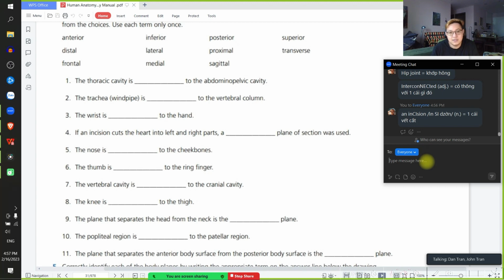Okay, number 5, the nose is something to the cheekbone. So với cái mũi thì là gì so với lại cái má, cái xương má? Xa trung tâm. Frontal. I think the word frontal is only used for planes. Thầy nghĩ cái từ frontal plane chỉ xài cho những cái mặt phẳng là chính, I think. Yeah, the nose. So, try again.